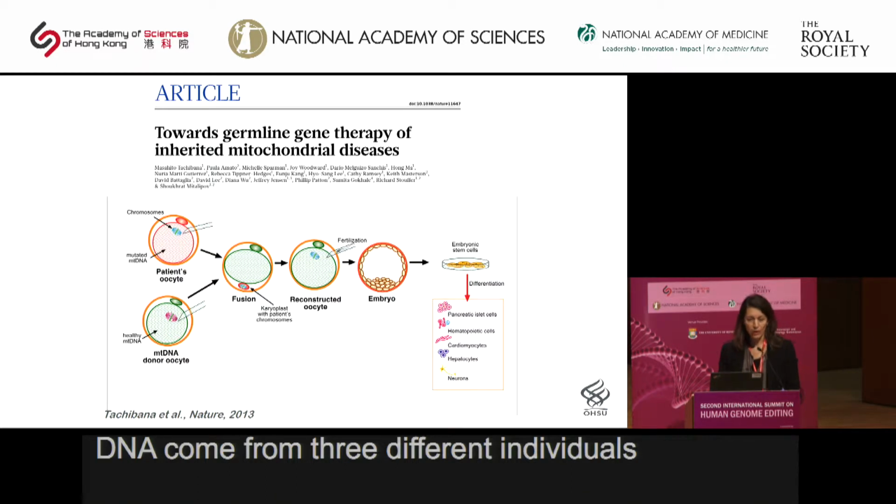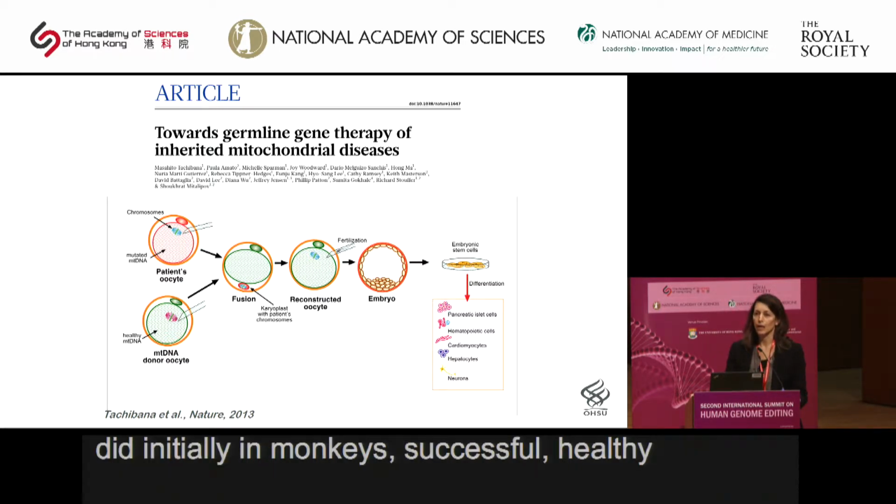We then moved this work into the human model in vitro, and we recruited healthy young egg donors, and similarly took the spindle out of one egg and transferred it into another egg that's had its spindle removed. We fertilized those eggs with donor sperm and created embryos, and we were able to show that these embryos were developmentally normal and that the carryover of the original mitochondrial DNA was less than 1%.